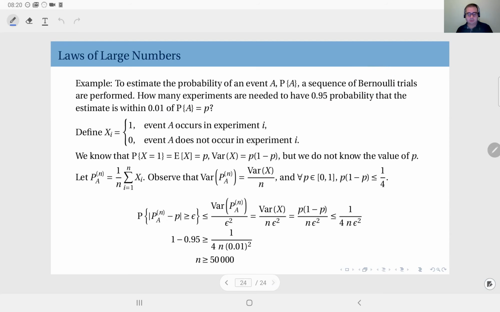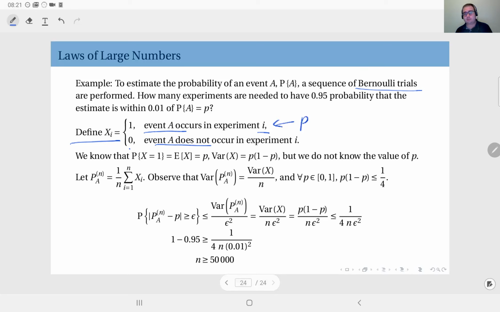Now, here I'm going to define these Bernoulli trials as x sub i equal to 1, or success, if event A occurs, and 0 if it doesn't, in experiment number i. Now we know that the probability of this outcome is P in reality, right?